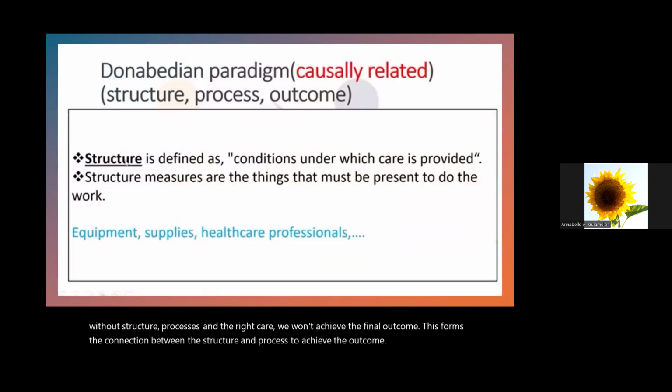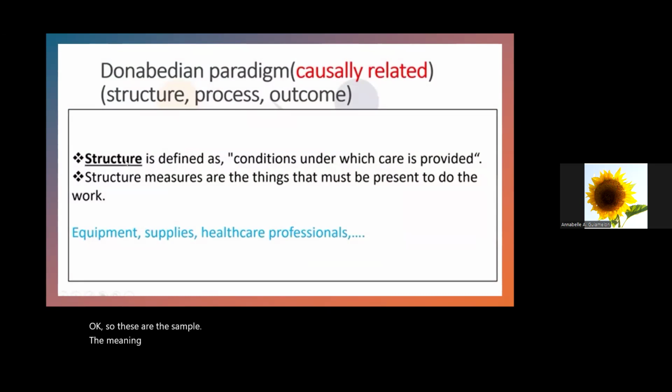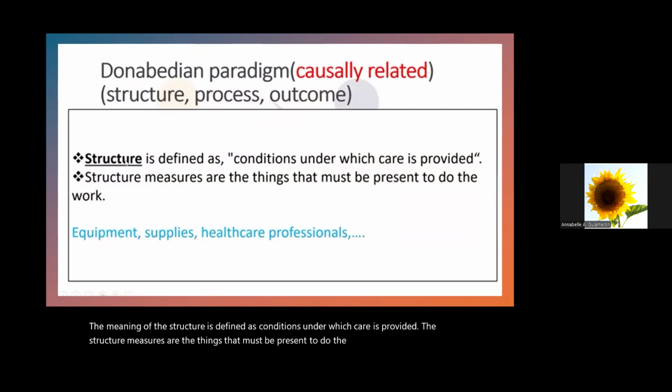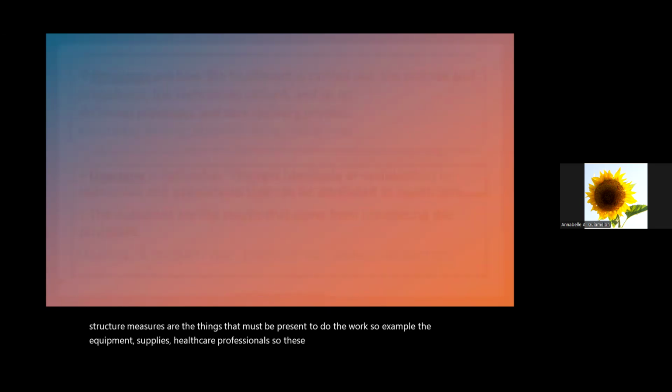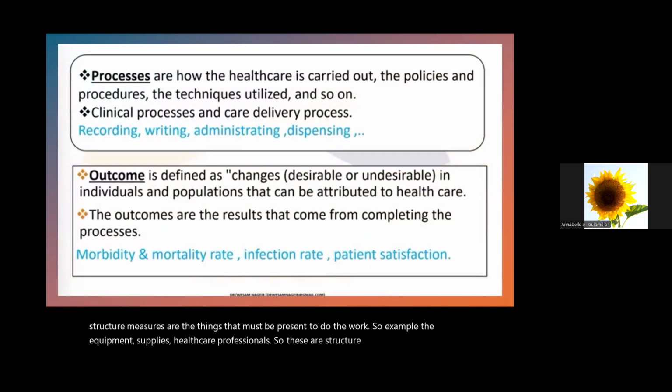Okay, so this is the meaning of structure, defined as the conditions under which care is provided. The structure measures are the things that must be present to do the work, for example, the equipment, supplies, healthcare professionals. Processes are how the healthcare is carried out, the policies and procedures, the techniques utilized, and so on.